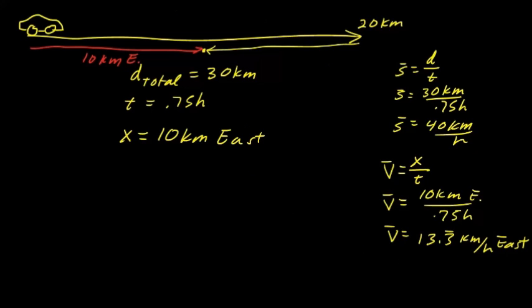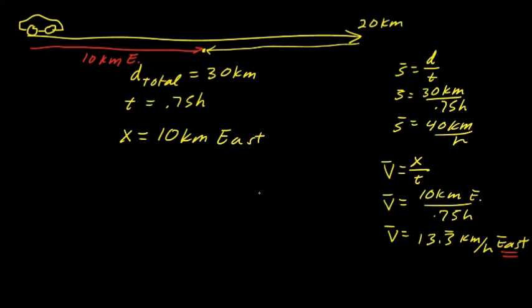And there again, very clearly illustrated, is the real difference between speed and velocity. The speed, 40 kilometers per hour, that's a scalar measurement. The velocity, 13.3 kilometers per hour east, that's a vector measurement. It has that direction. Another thing I should point out to you, to make sure that you remember this, is that in this situation, whether or not you call this speed or velocity is exceedingly important.